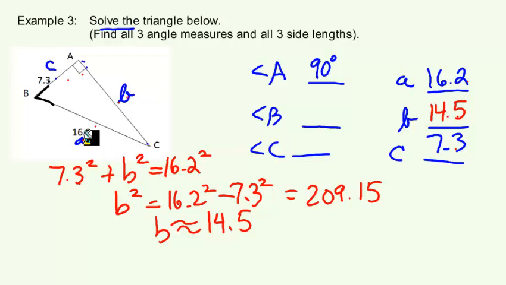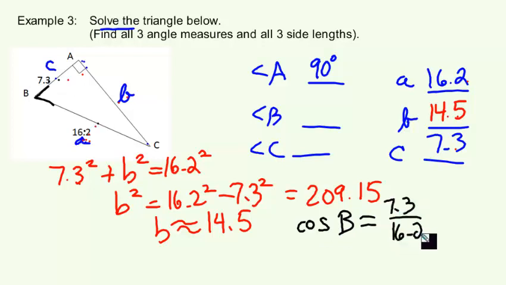Cosine is adjacent over hypotenuse. So the equation that I can write is cosine of my angle B is adjacent 7.3 over hypotenuse 16.2. To isolate the B in this equation, I need to apply the inverse cosine to both sides.